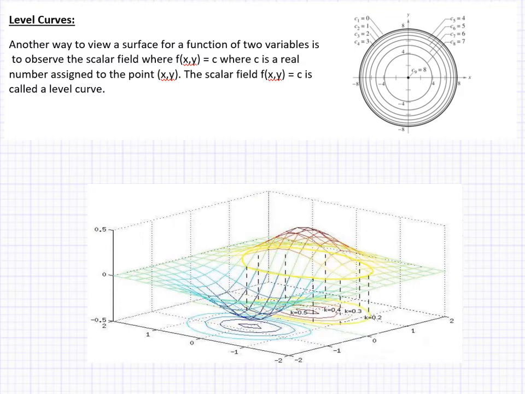So you think of the z value as essentially a constant, in which case we shrink everything down so that the z coordinate turns into a constant value, and we look at what we call a scalar field, f of x, y equals c, where c is some real number assigned to that point x, y.